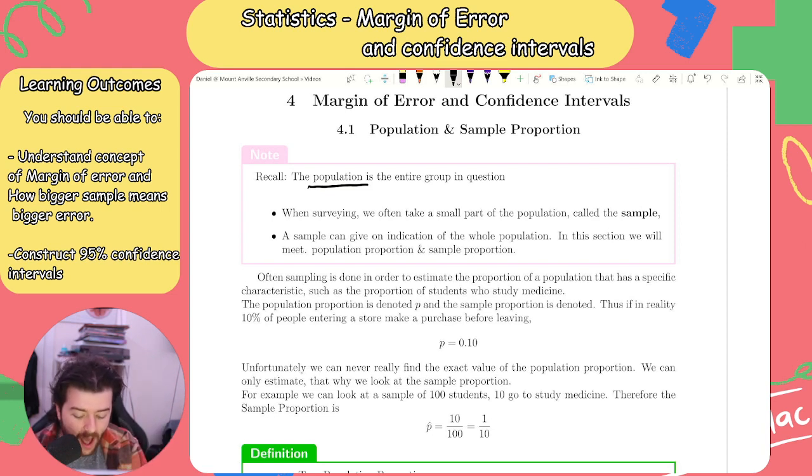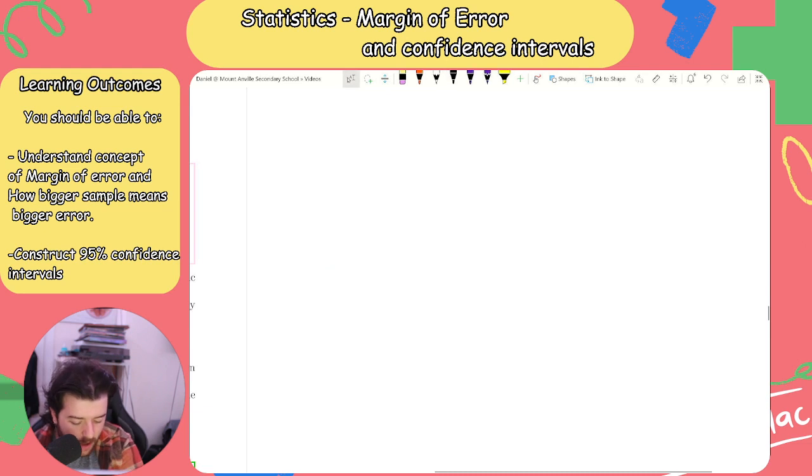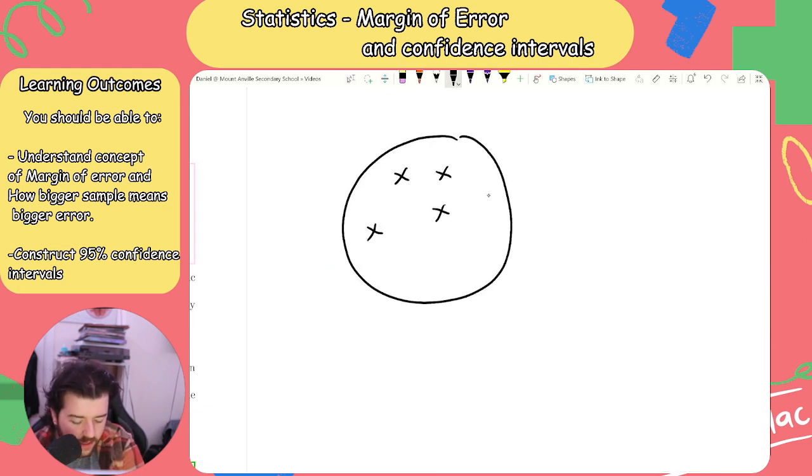So when surveying, we often take a small part of the population and we call that the sample. In statistics, we love a sample. I have my population here, all the things that we are studying, say all the secondary schools in Ireland.